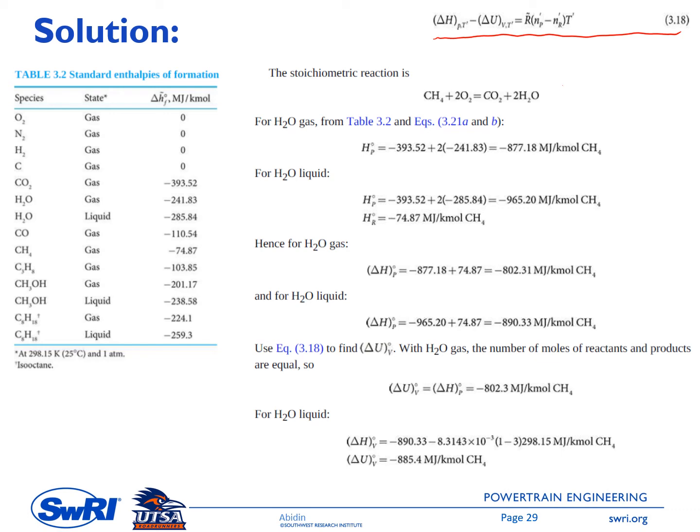So this is the schematic reaction of methane. 1 mole of methane requires 2 moles of oxygen, producing 1 mole of CO2 and 2 moles of H2O.